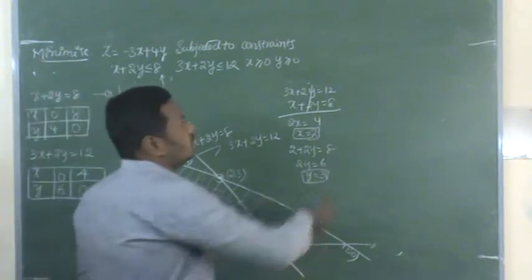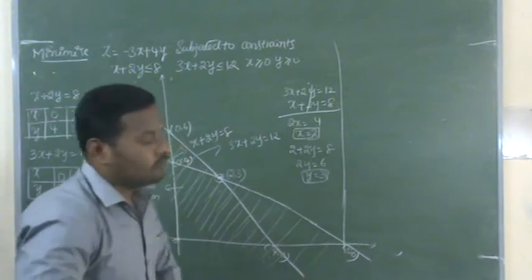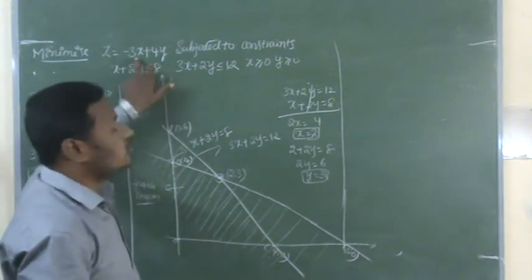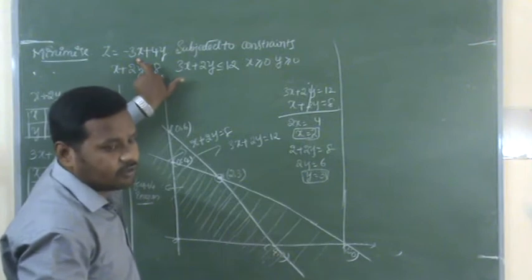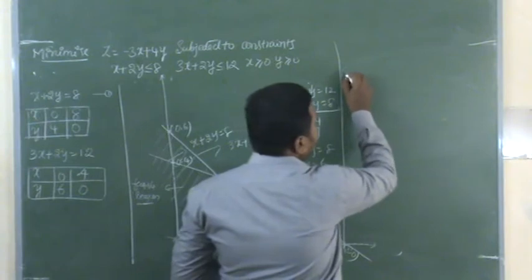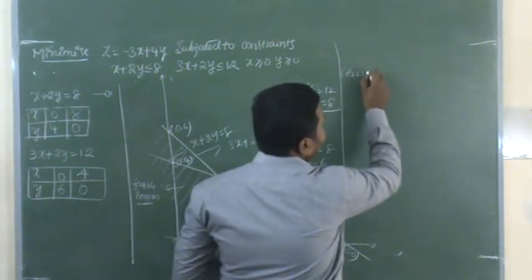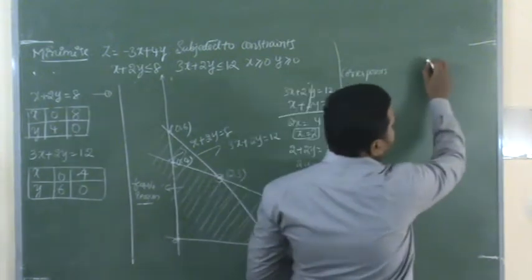Now finally, we have to minimize the objective function. So what are the corner points and the corresponding values of z?